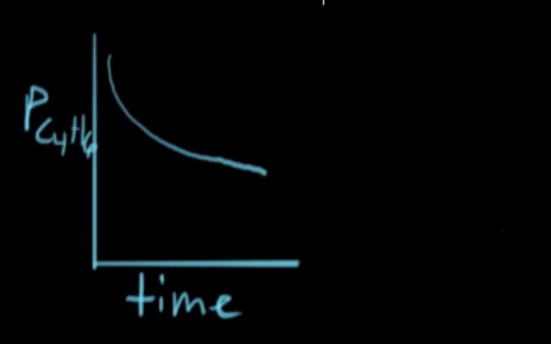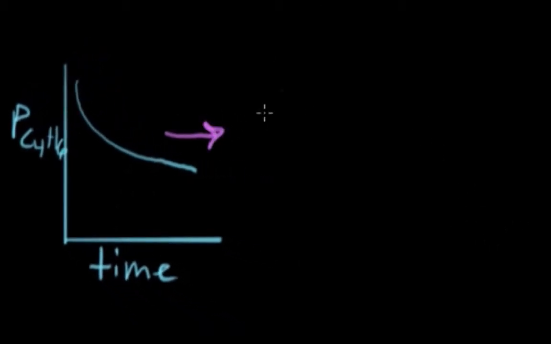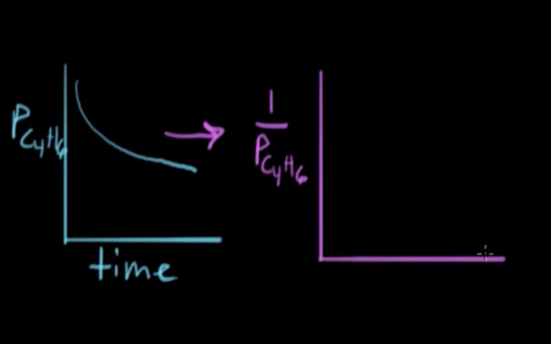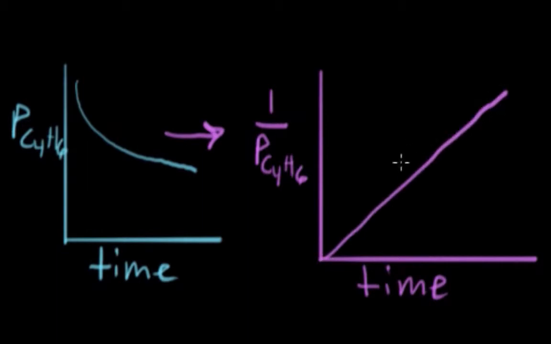This isn't too useful for us. What is more useful is if we say 1 over the partial pressure of C4H6. Now, if we draw a graph comparing this to the time that has passed, what we get is a straight line like this, with slope equaling our reaction constant k.